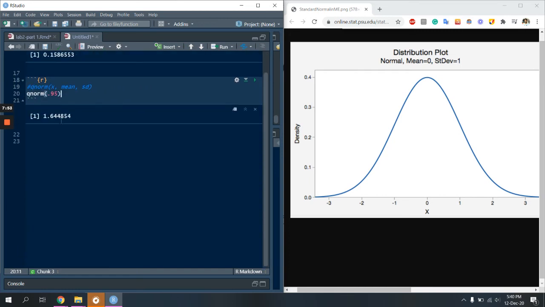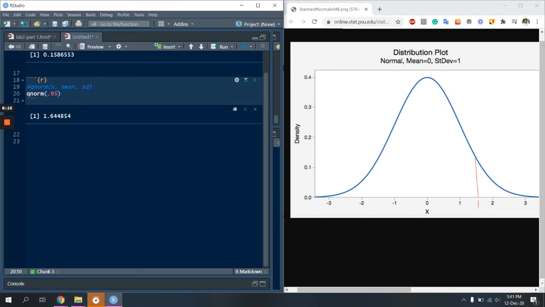It shows 1.65, suppose this part. Up to this part, we have 95% of data. It gives us output 1.65, and we give the value 0.95.